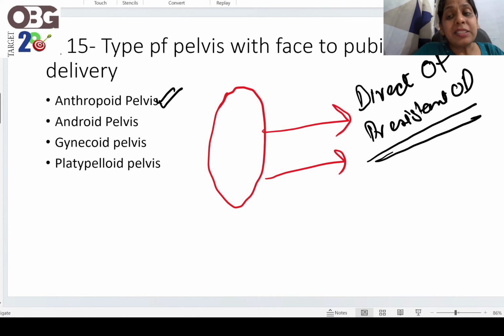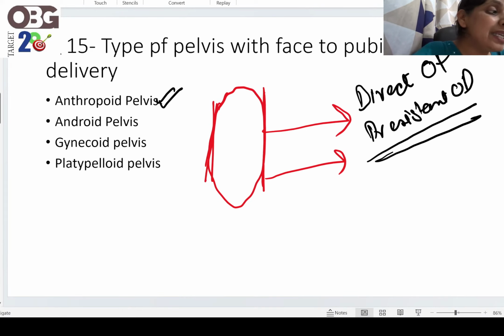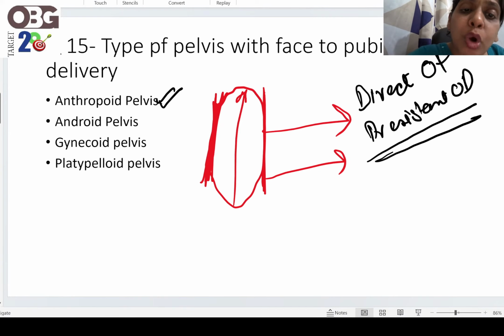This shape keeps the occiput posterior, and these lateral walls are very narrow, and they don't let the fetus rotate and come anteriorly, so the occiput keeps staying posteriorly. The occiput stays behind.